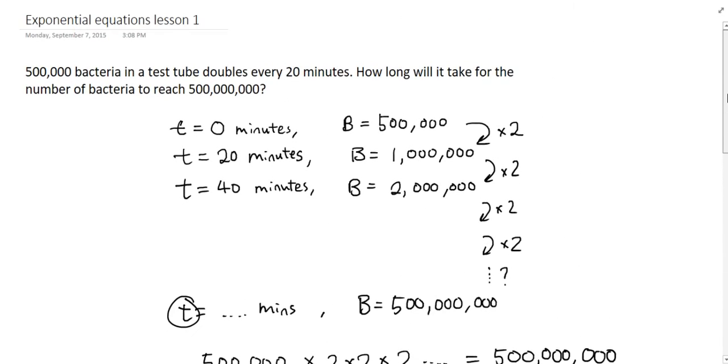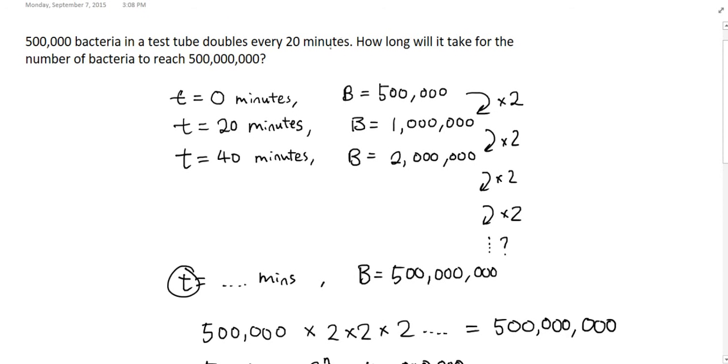Now, as we advance further, we're going to talk about whether we can count portions of the 20 minutes. Because according to the definition of exponential equations, right now we can't actually account for less than 20-minute blocks.